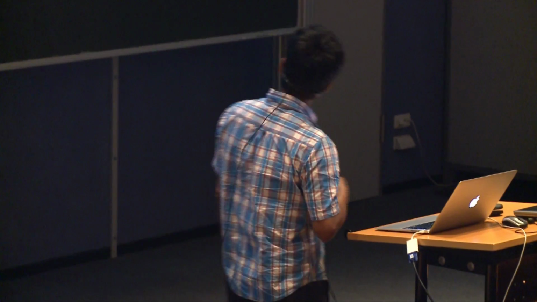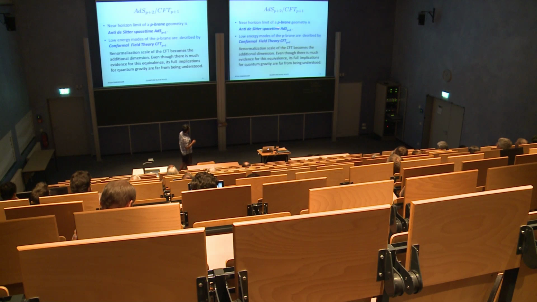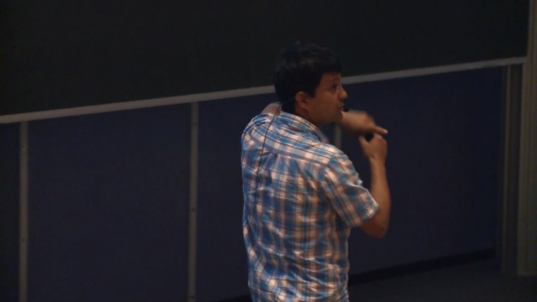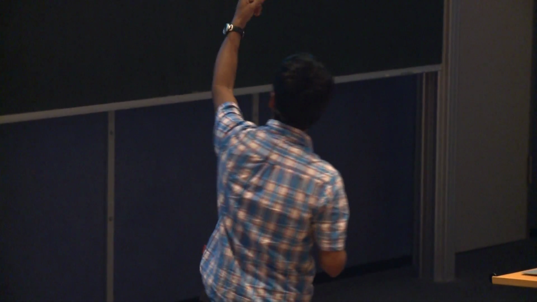And Maldacena arrived at this by considering a near horizon limit of a p-dimensional brane. So in this language, a black hole is a zero brane. I mean, it's a point particle, a point-like object. You can have an extended object which is like a string, or a two-dimensional object which would be a 2-brane, 3-brane, and so on.